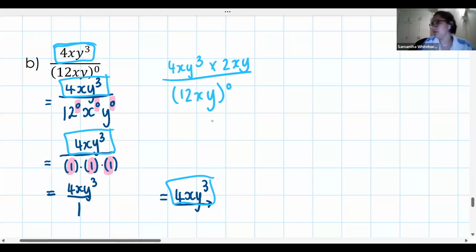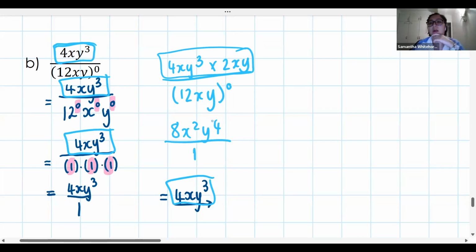Then you would need to multiply your numerator in order to get 8x squared y to the power 4, but then your whole denominator is still 1. So it's only if there is something extra happening in your numerator. It's being times by something, it's got a bracket with an exponent, something like that. Otherwise, it stays exactly as it is. Oh, okay, ma'am. Thank you.